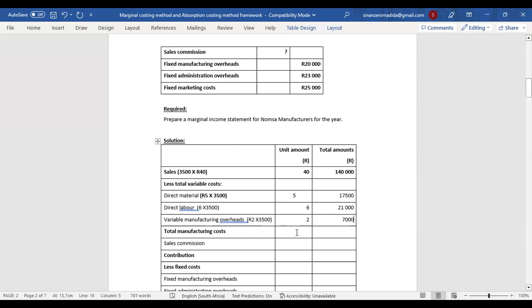Then now we need the total manufacturing cost. How do we get the total manufacturing cost, guys? Anyone who can remind us, how are we going to get our line, total manufacturing cost?